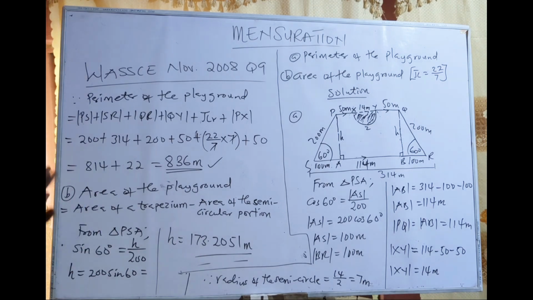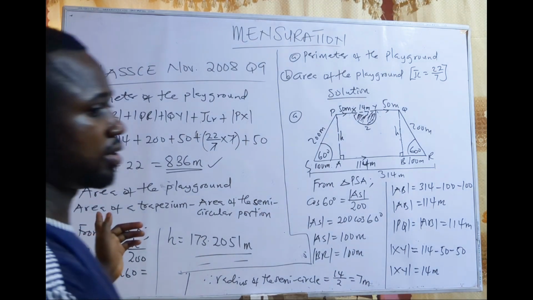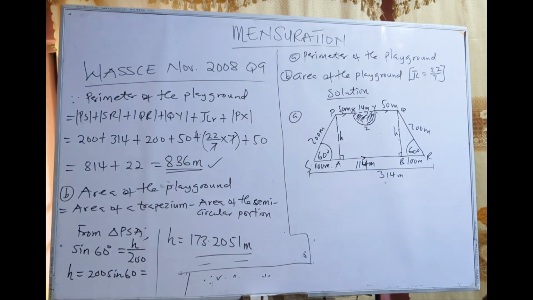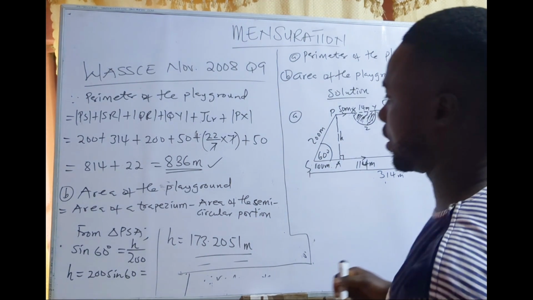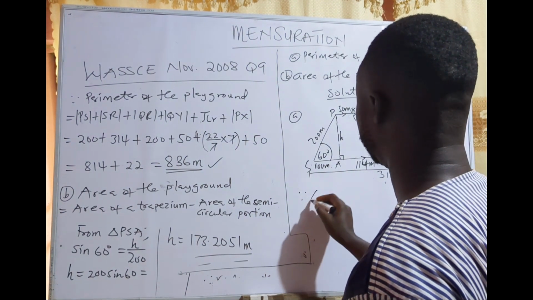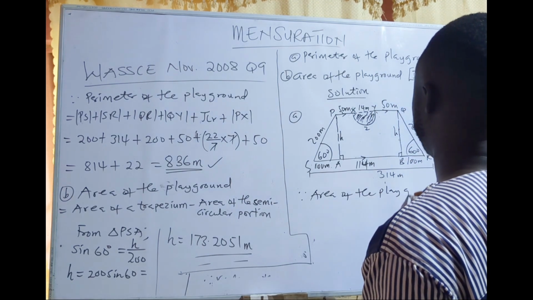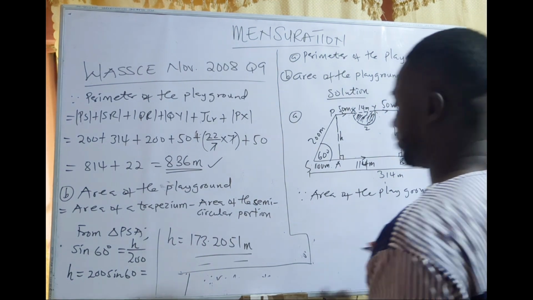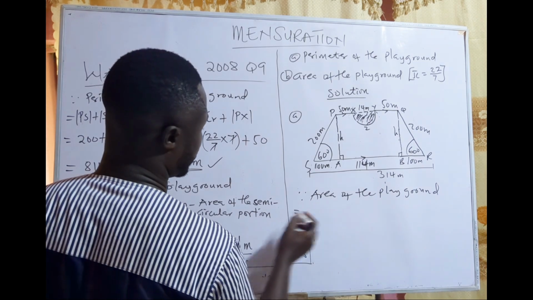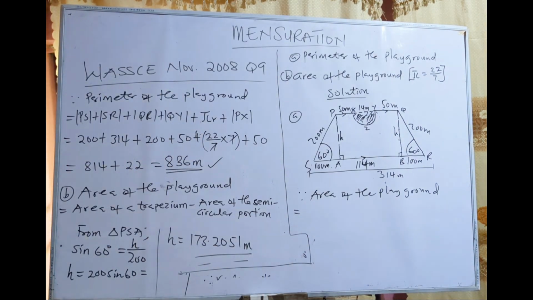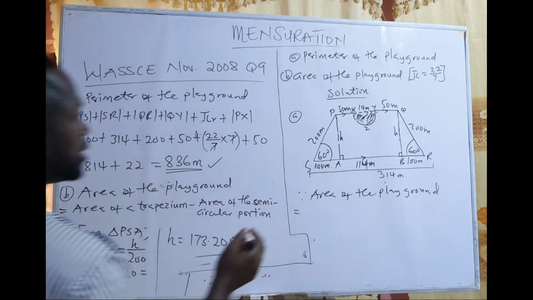Is that okay? So now we can find the area. Therefore, the area of the playground is equal to the area of the trapezium. What is the area of a trapezium?